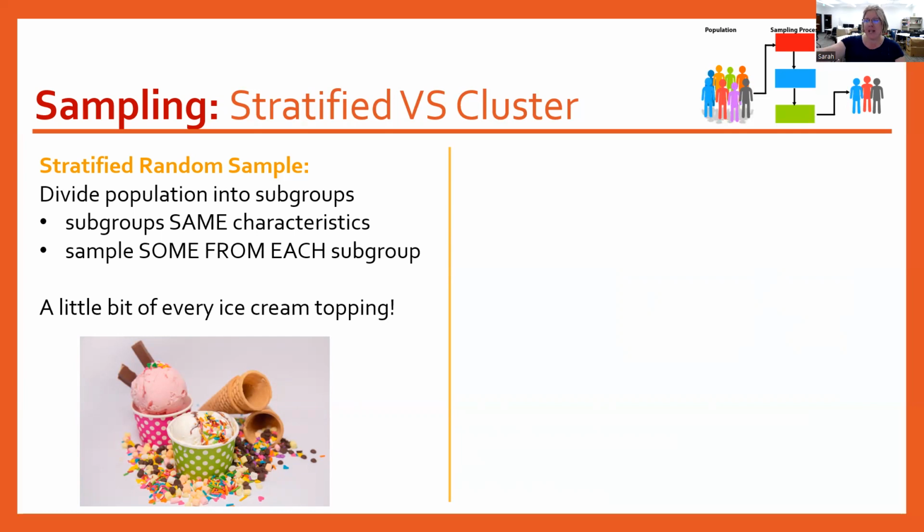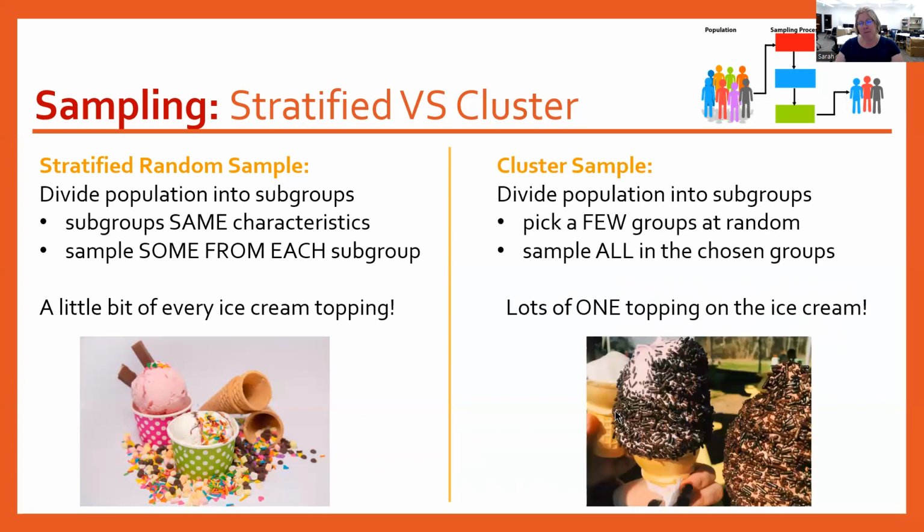So I'm taking a little bit out of every single container and putting it into my bowl of ice cream. The cluster one would be like I'm taking all of one thing and putting it on there. Now it should be a representative thing, but it's all of one container, and then the other containers are all left alone.